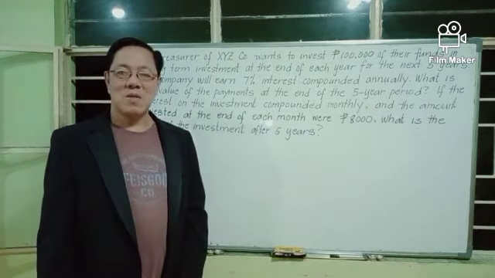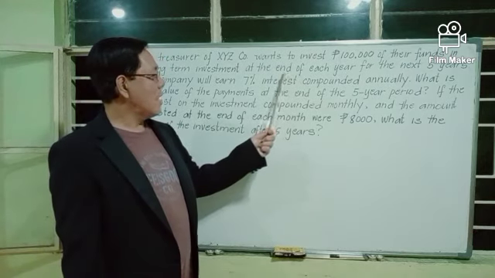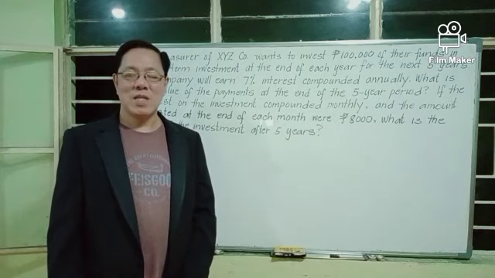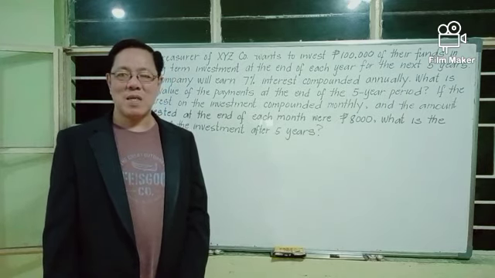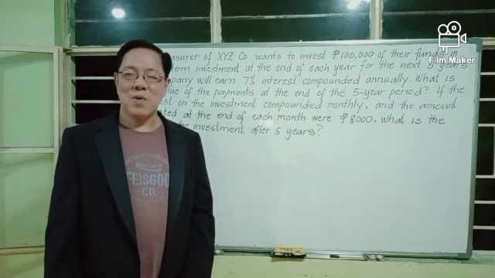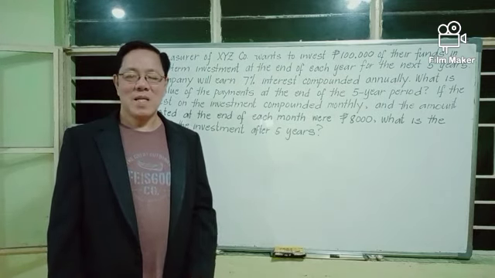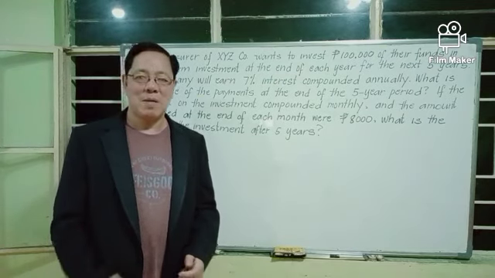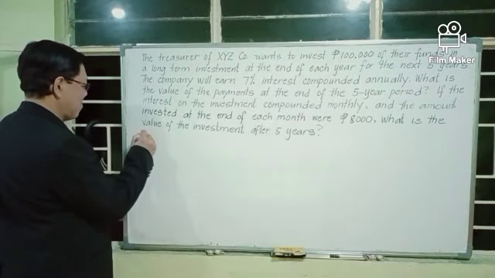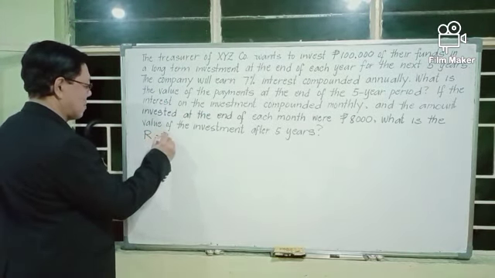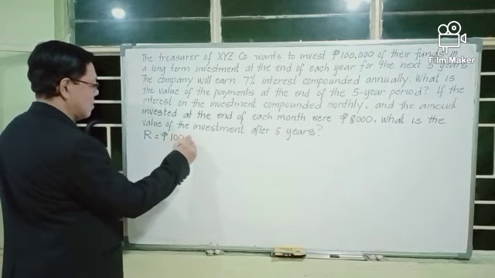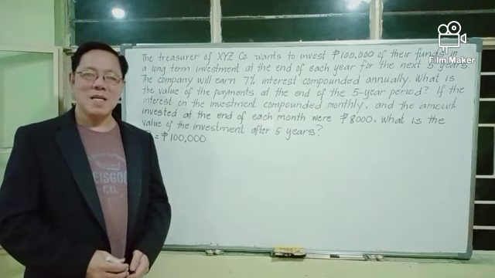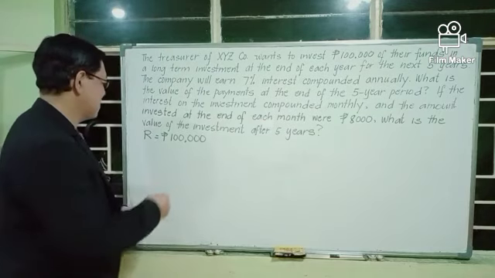So this problem involves an ordinary annuity, where the regular payments of 100,000 pesos are made at the end of each year for 5 years. So we write capital R equals 100,000 pesos for the first part of the problem, and t is equal to 5 years.